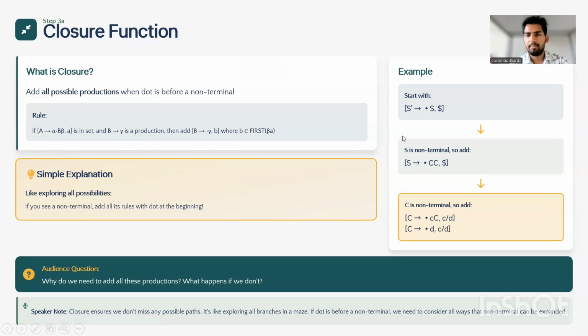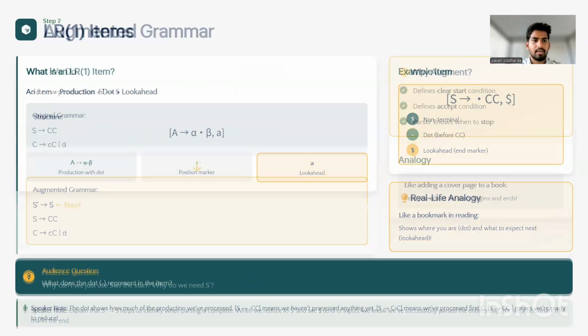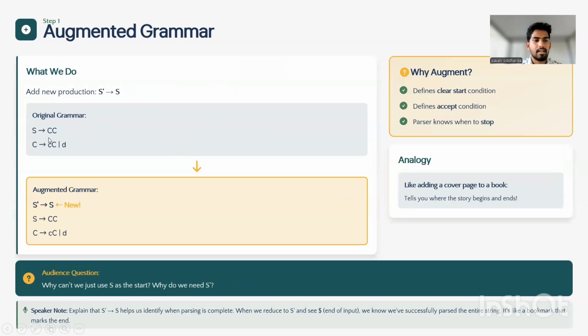Based on our given example, S' gives rise to dot S, and dollar is the lookahead. So dot S produces CC. S gives rise to CC, and C gives rise to c C and d.